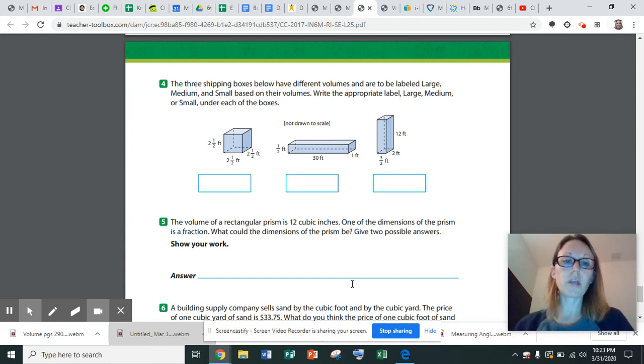So when you take 2.5 times 2.5 times 2.5, let's see, it's 5 halves times 5 halves times 5 halves. So 5 times 5 is 25. 25 times 5 is 125.